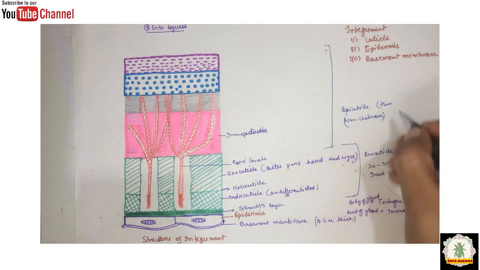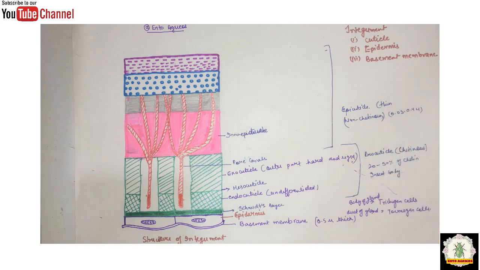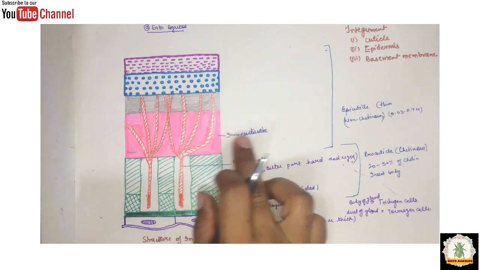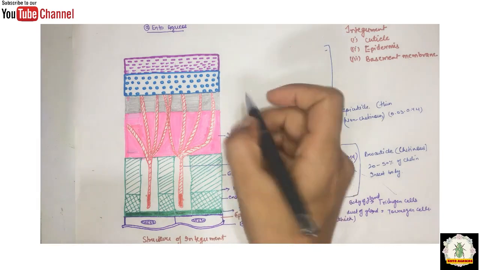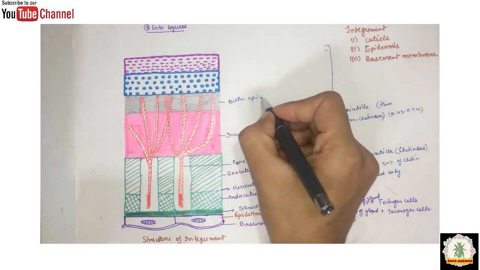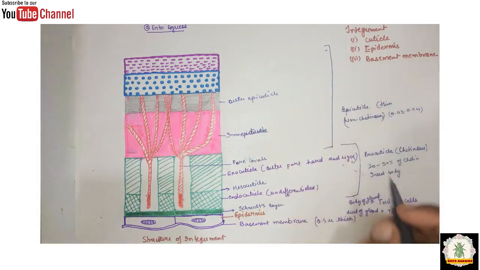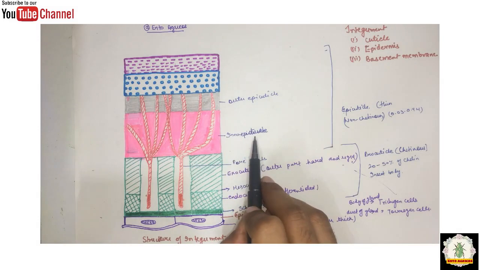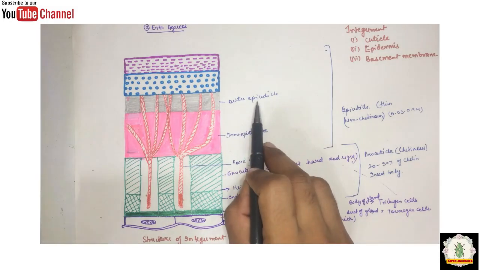It is about 0.03 to 0.4 micron, and it is further subdivided into the inner epicuticle and the outer epicuticle.